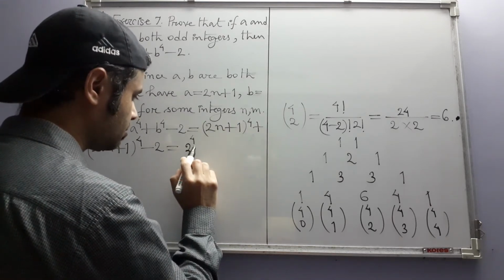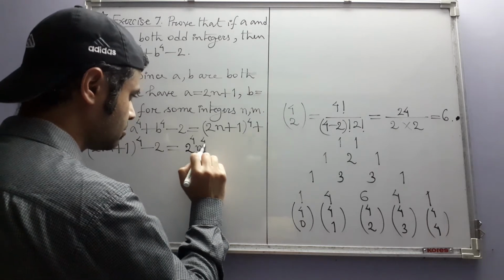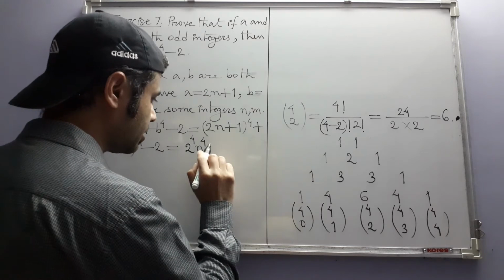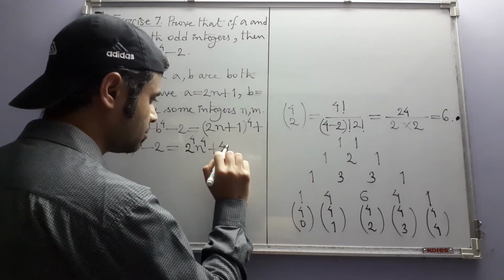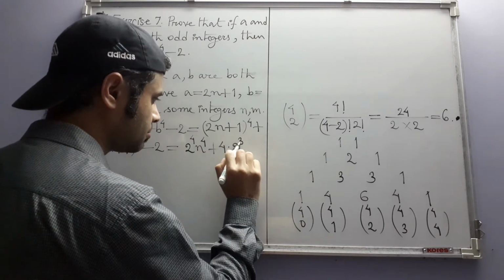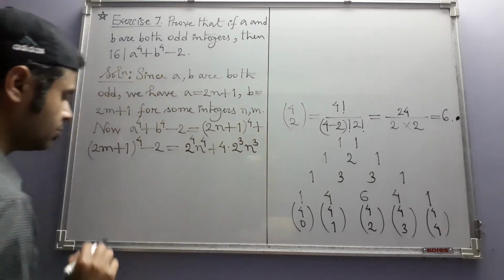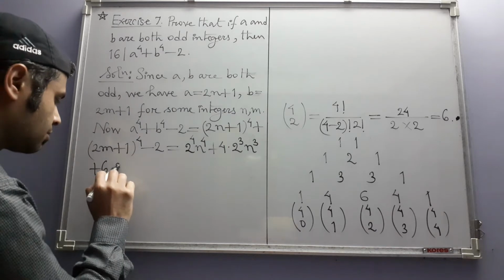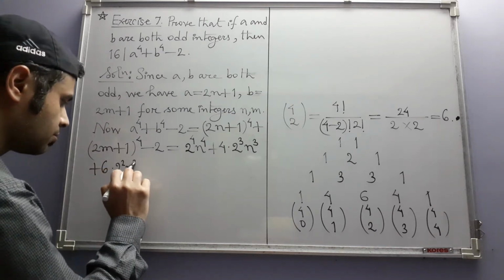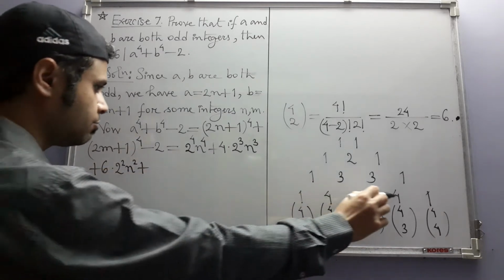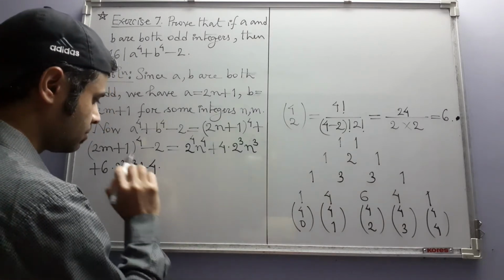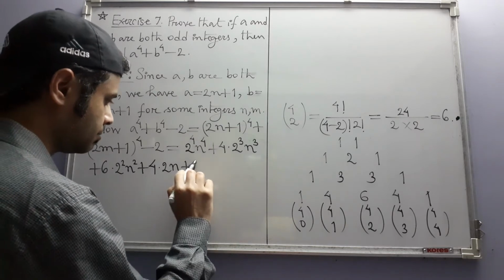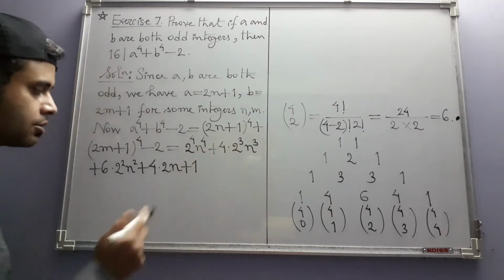So the first term is this. With 1 we don't write 1. After that 4 appears: 4 times 2 cube n cube. Then 6 times 2 square n square, then again 4 times 2n plus 1, and here this number is also 1.